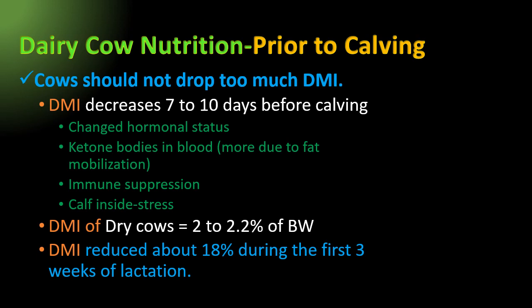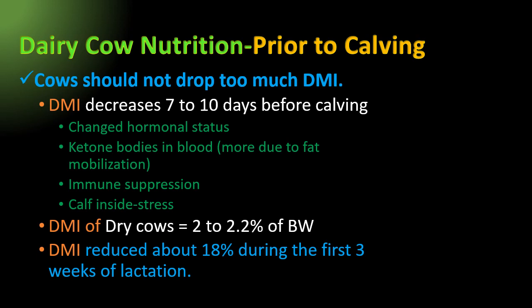Also keep in mind that cows that are overconditioned before they calve eat less before and after calving, with feed intake dropping sooner and to a greater extent before calving than optimally conditioned cows ready to calve. So as a result, the cow will mobilize body fat to a greater extent compared to cows where feed intake is not compromised as greatly before calving.